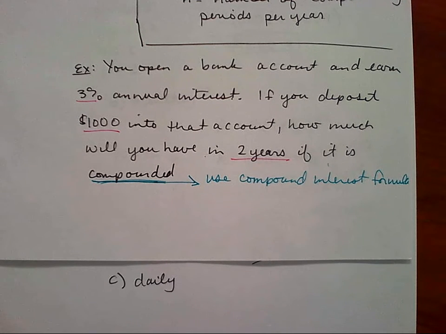So why don't we just do monthly, right? So for daily, the only thing that changes is N. What does N represent? Number of compounding periods. Good. So daily is how many days are there in a year, right? So write that down for your N. First name, space, last name, top right corner, very legible.